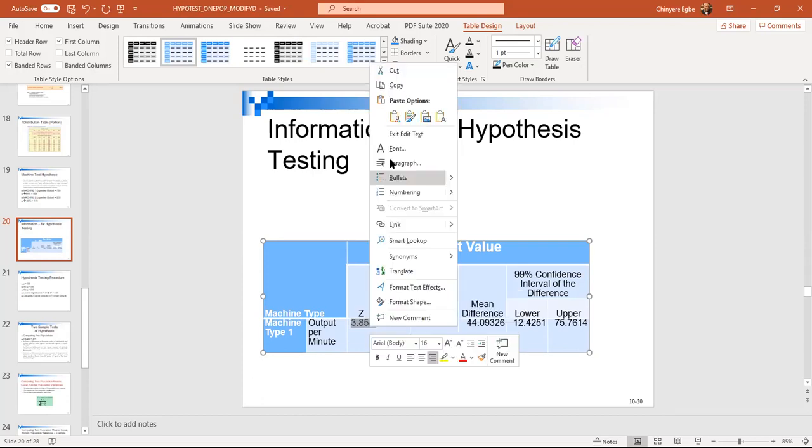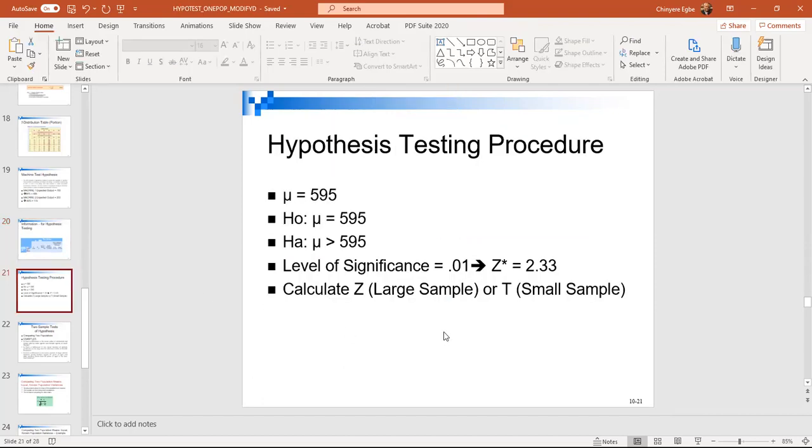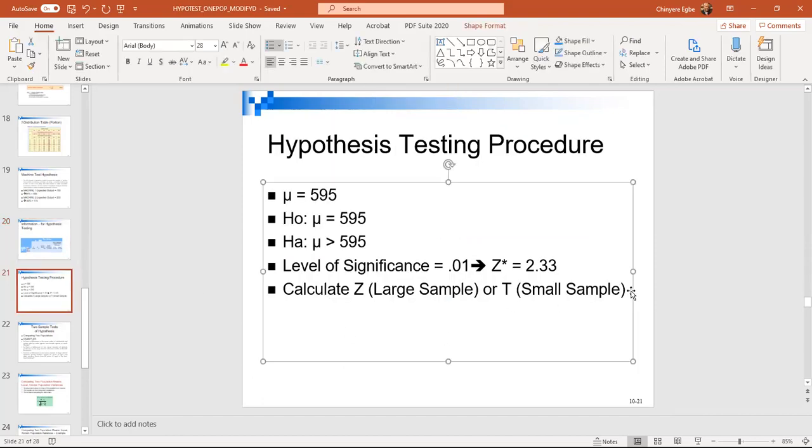So I'm going to take that. That is the Z that you are given. So for this problem, for our example, the calculated Z is equal to 3.858. So what is the decision rule?